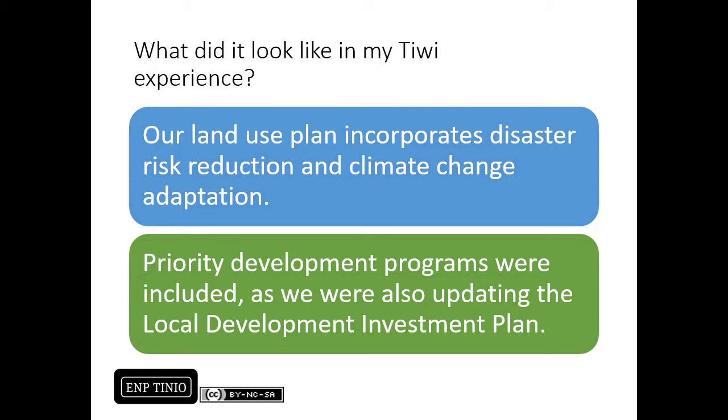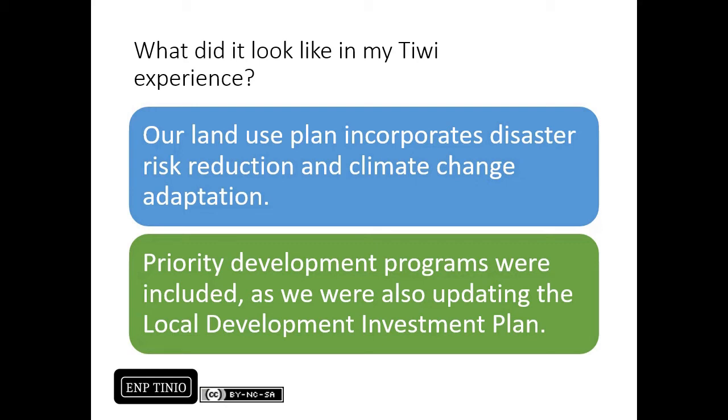In step 7, it was our land use planner that was mainly responsible for creating the maps with our GIS specialist. Our land use plan incorporated disaster risk reduction and climate change adaptation in accordance with the HLURB guidebook and the provisions of the Climate Change Act and the Disaster Risk Reduction Act.